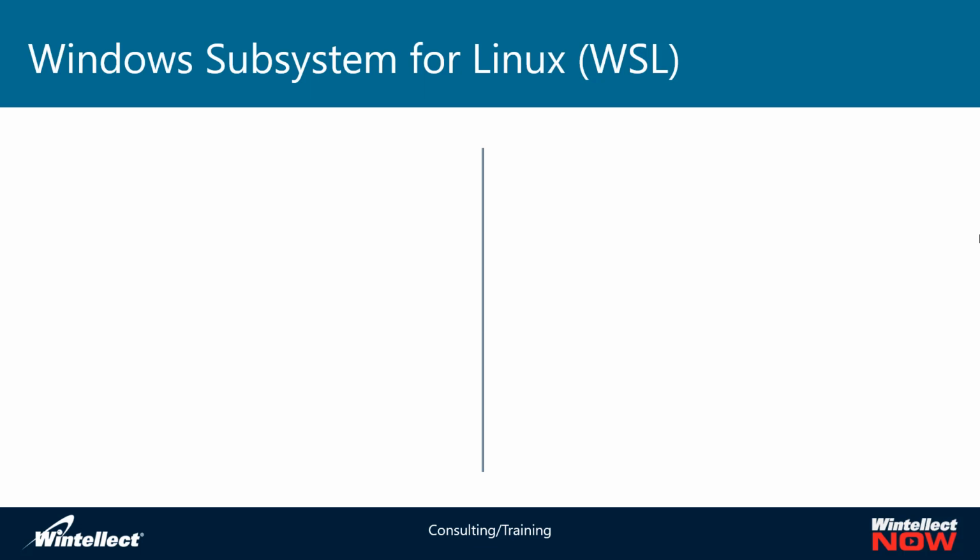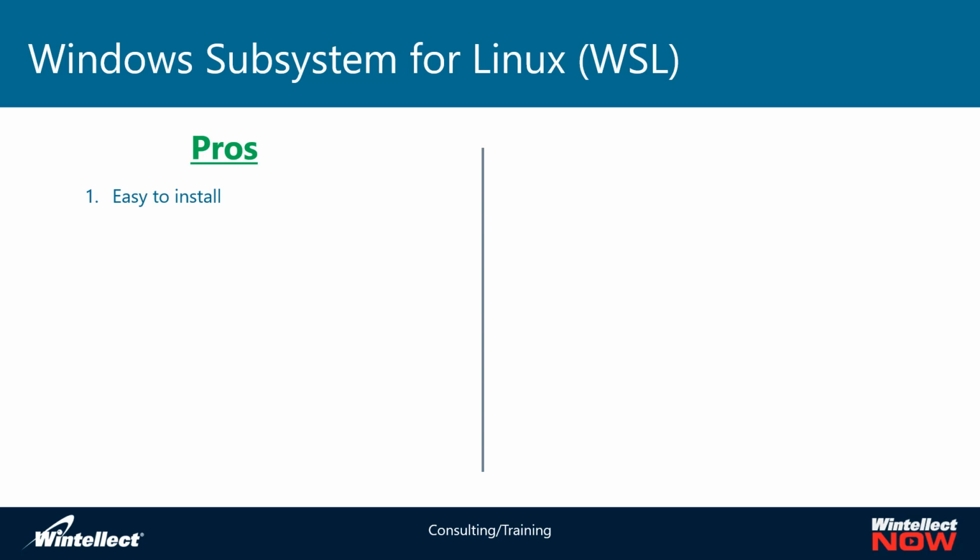So what are some of the pros and cons for using the Windows Subsystem for Linux versus using something like a Linux VM or some other way of interacting with Linux? One, the Windows Subsystem for Linux is very easy to install.